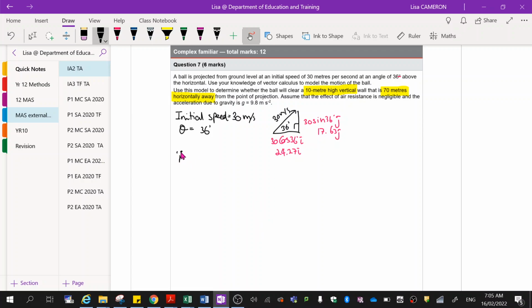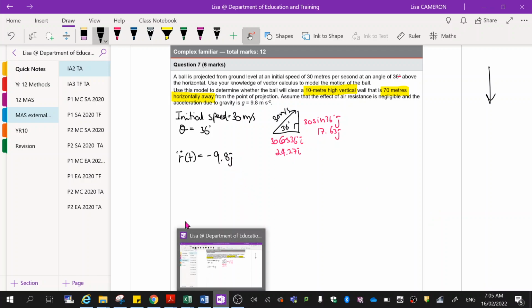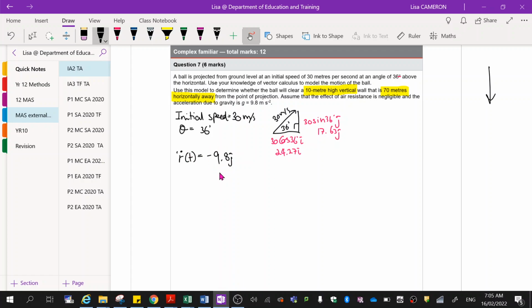When we start with projectile motion, one of the conditions is that gravity is the only force acting on this thing. So we start with gravity being negative 9.8, and gravity is the thing that pulls you back down to Earth, so that's in the J direction. Next we integrate this to account for our velocity.